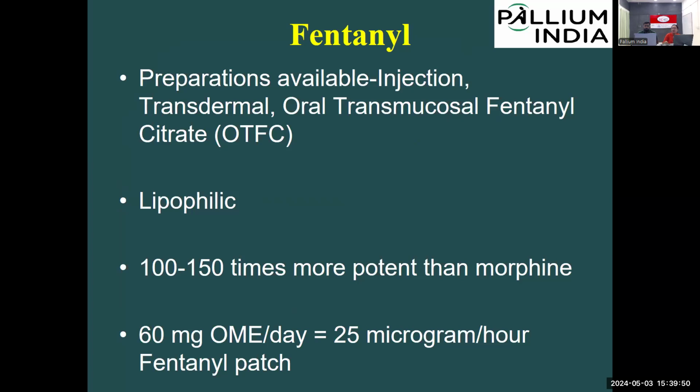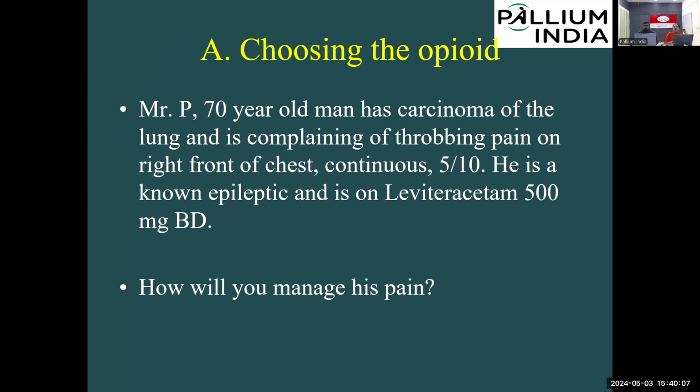So suppose a patient is on 10 milligram of oral morphine every 4 hourly. That is a total morphine dose of 60 milligram in a day. That patient can be converted to a 25 microgram fentanyl patch. That is the conversion from morphine to fentanyl.